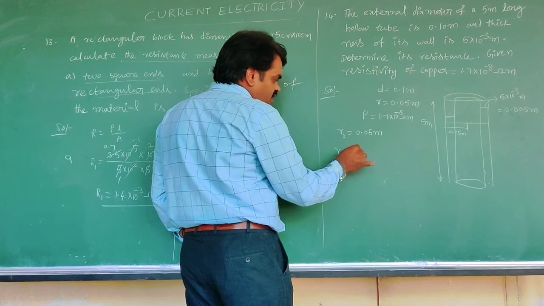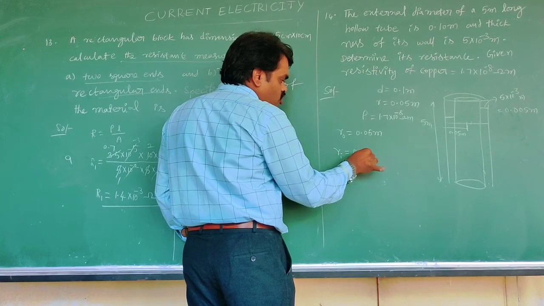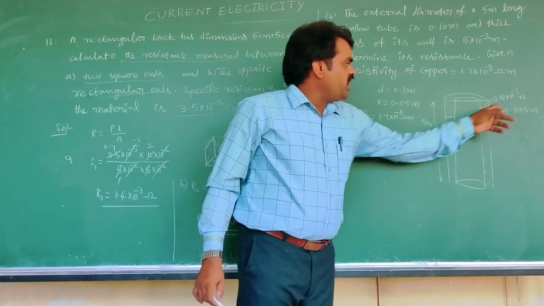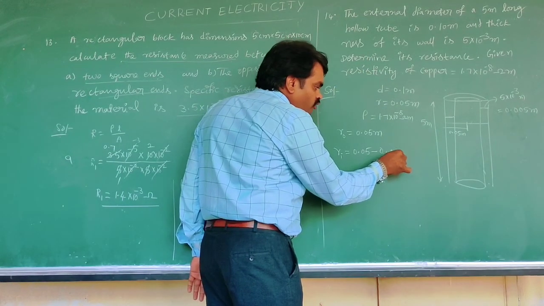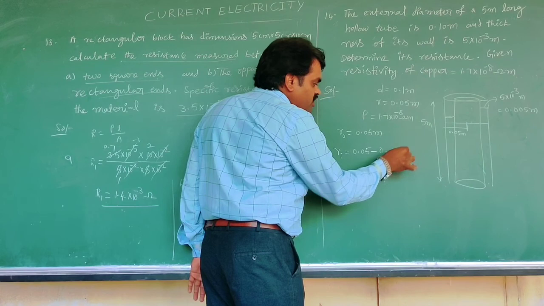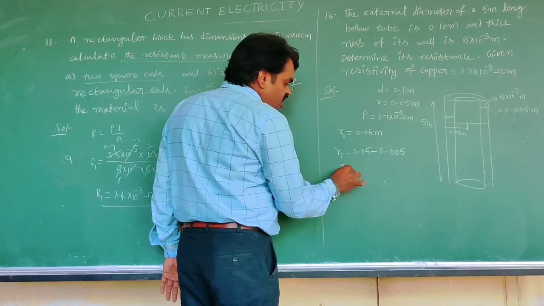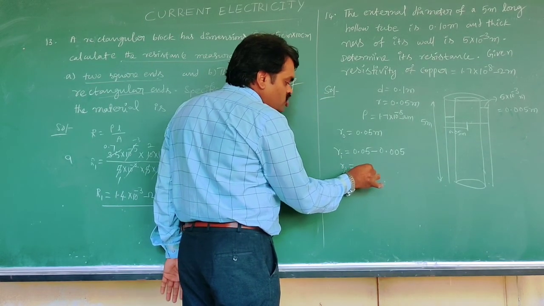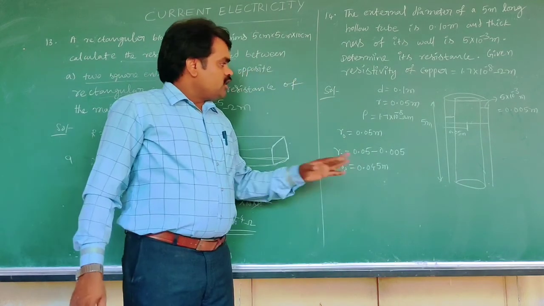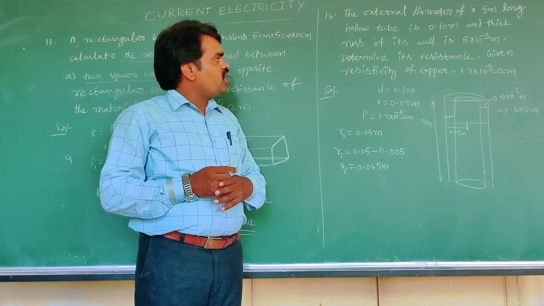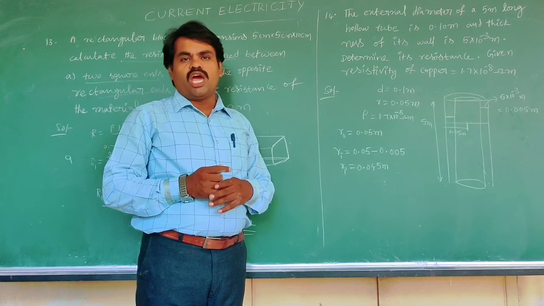That is, 0.05 minus the thickness 0.005 meter. Then the inner radius is 0.045 meter. Now they are asking to determine the resistance of the hollow cylinder.